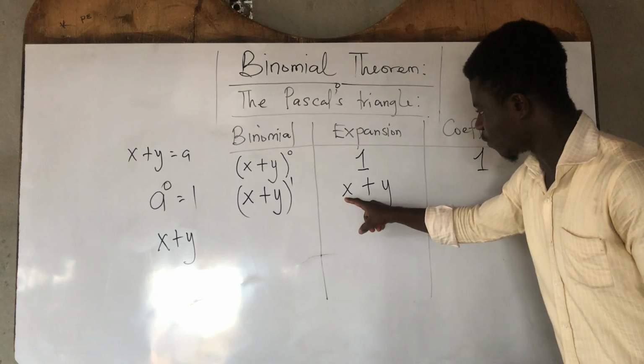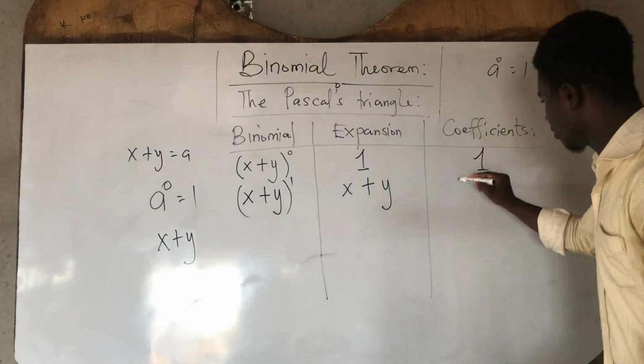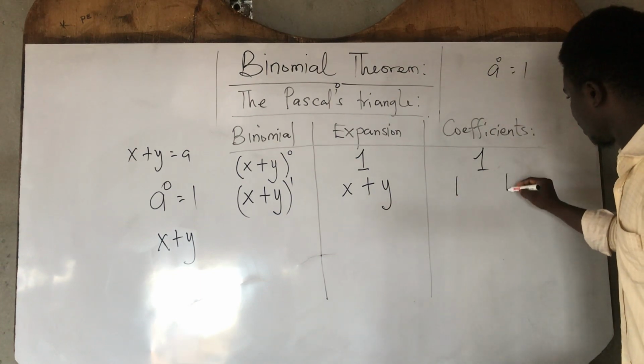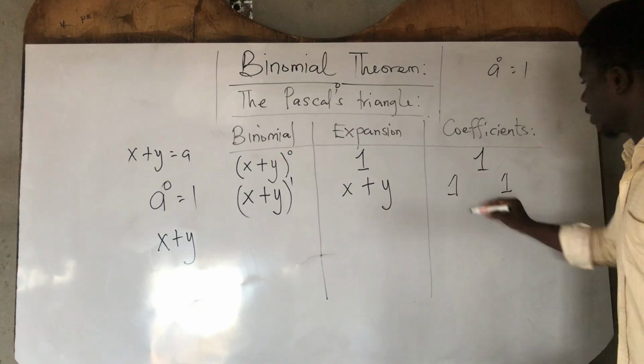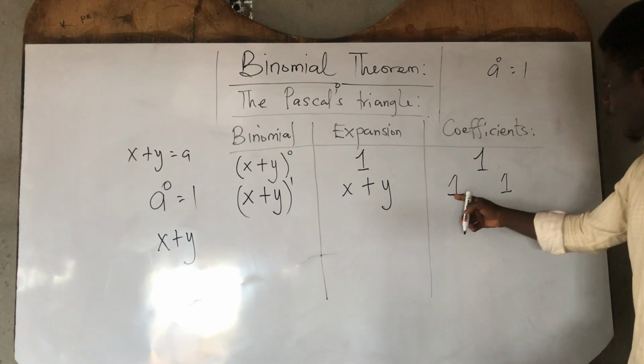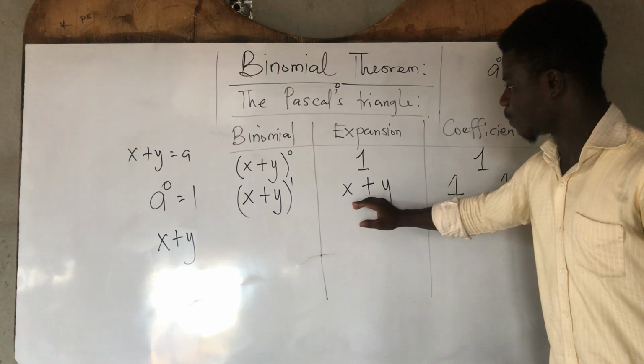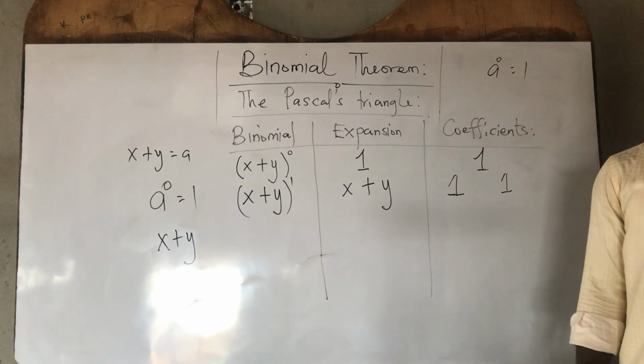Now what's the coefficient of this x here? It is 1. Then the coefficient of this y here is another 1. So we have 1, 1. That's the coefficient, and this is the expansion for this binomial.